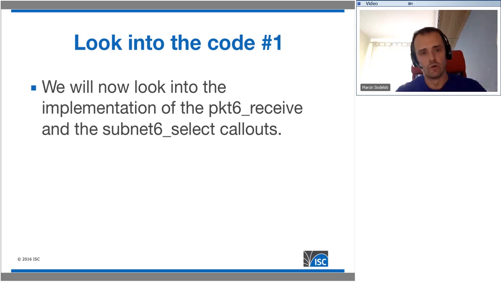Okay, so now we'll be looking into the code. I know that code walkthroughs may be boring and lengthy, but I'm just going to focus on very, very important and core things of the hook library. So we'll be looking into the implementation of the pkt6_receive and the subnet6_select callouts.